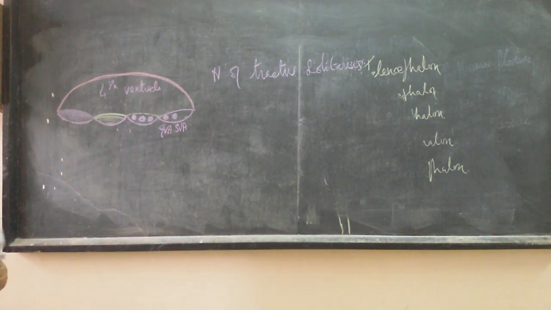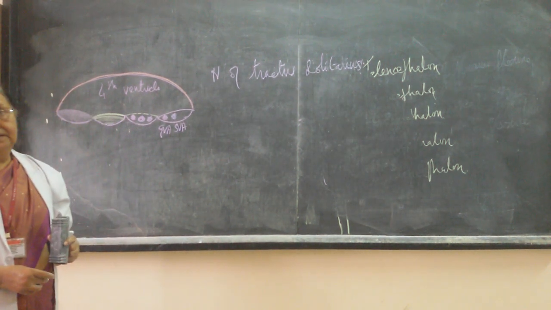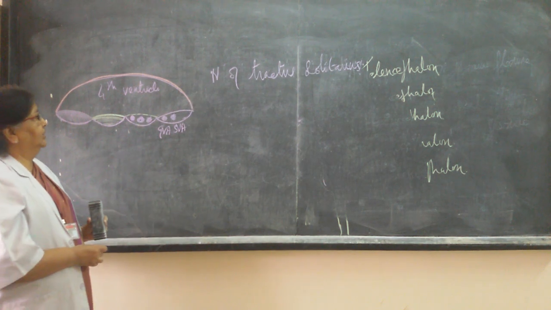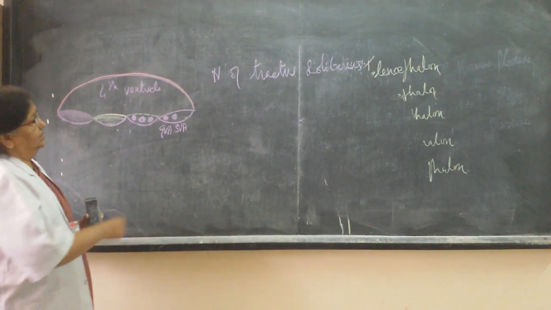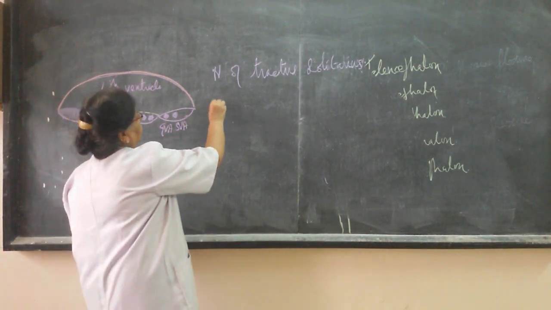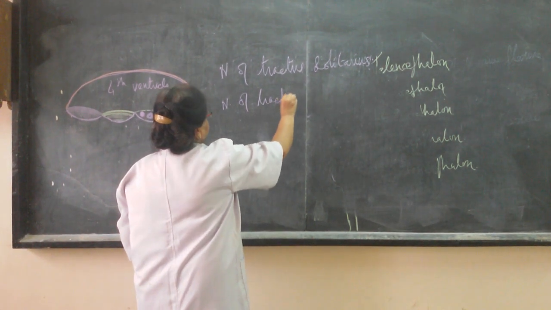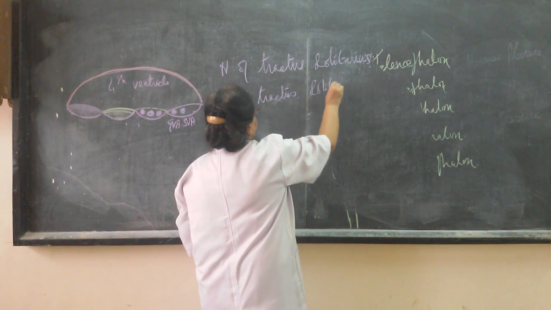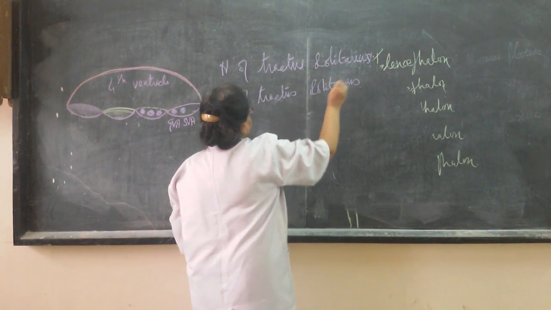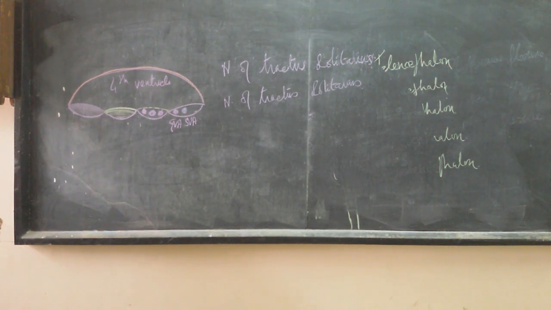Special visceral sensation is taste sensation, carried by the 7th, 9th and 10th cranial nerves, and they terminate in the nucleus of tractus solitarius.